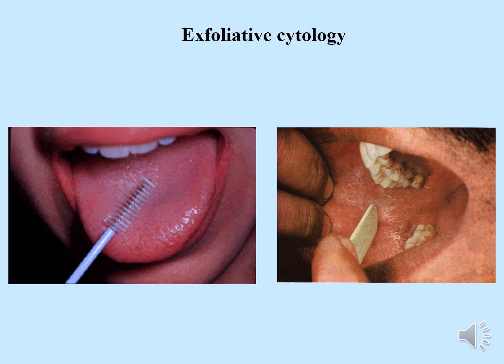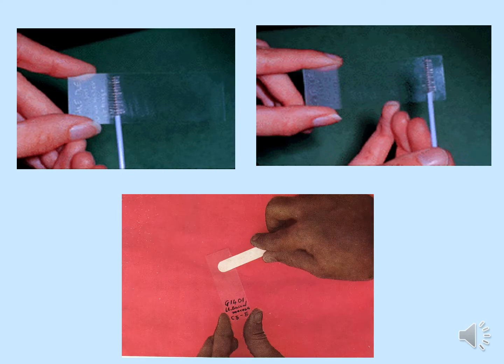Okay, so here you're seeing a brush that is used to scrape out cells, and here you're seeing a wooden spatula that is used to scrape out cells. Okay, so the procedure is pretty simple. Basically, once you have scraped the cells off the mucosa, you spread it onto a glass slide.